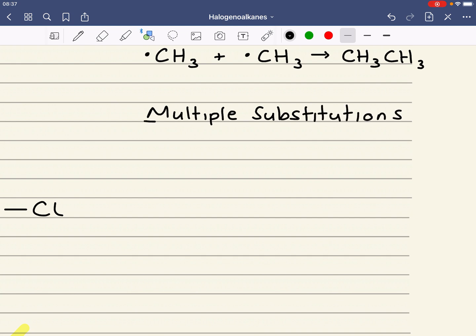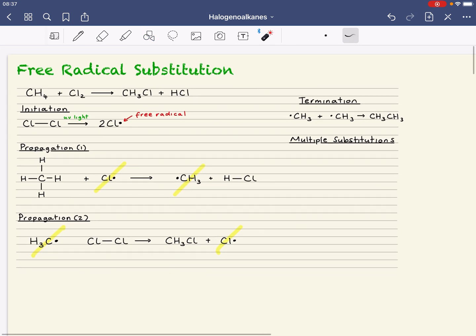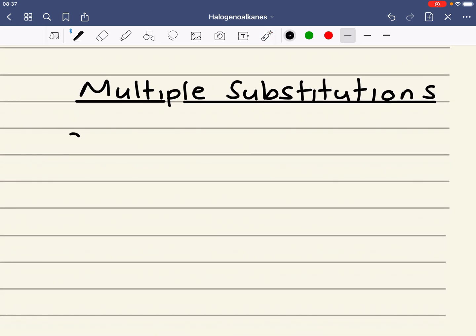This chlorine radical can not only pull hydrogen off methane, as it's doing in this step, but it can also pull a hydrogen off chloromethane. So in effect we can get this reaction.